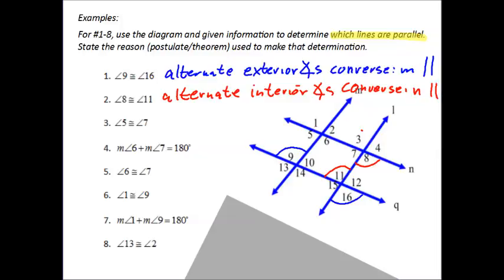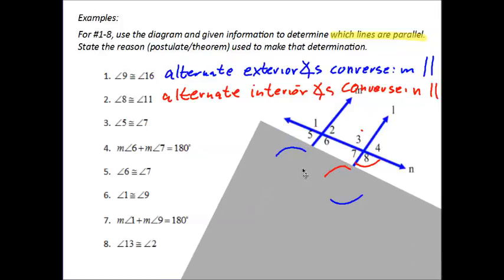Alright, guys. Getting better. So, angles 5 and 7. Angles 5 and 7 are congruent. I'm going to keep using my paper for just a little bit longer. So, this is angle 5. This is angle 7. What are angles 5 and 7? They are corresponding angles. They're in the same position along the two different lines.